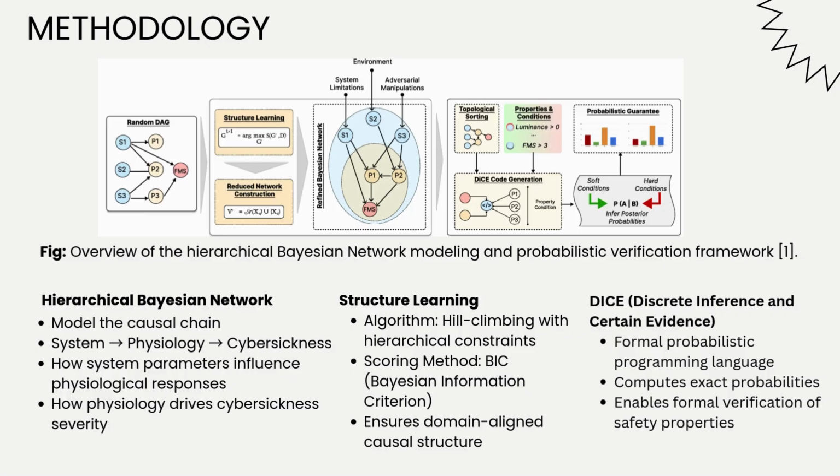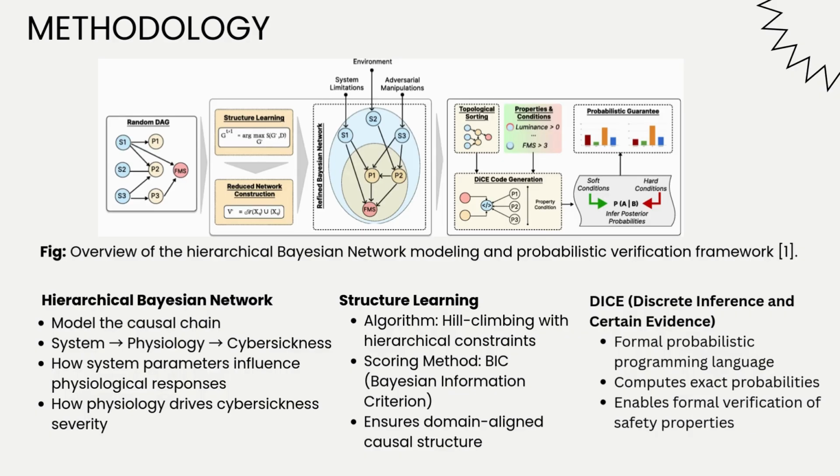It proposed using a hierarchical Bayesian network to model the causal chain where system parameters like luminance and motion complexity influence physiological responses like heart rate, galvanic skin response, and pupil diameter, which in turn determine cyber sickness severity.